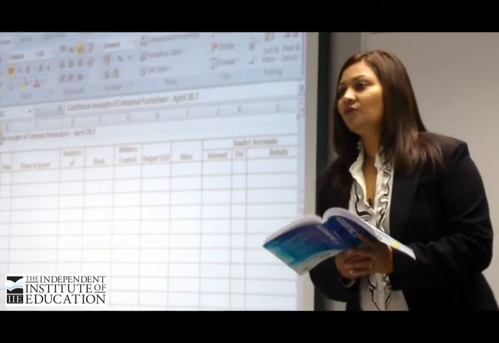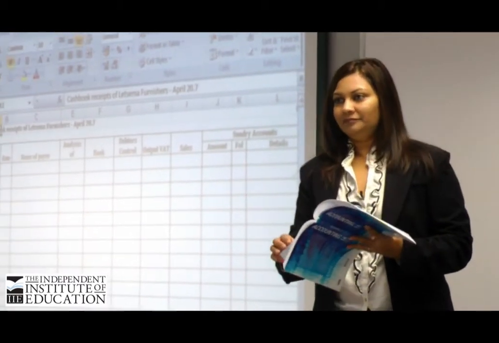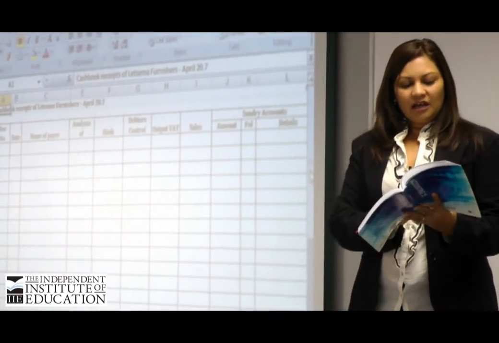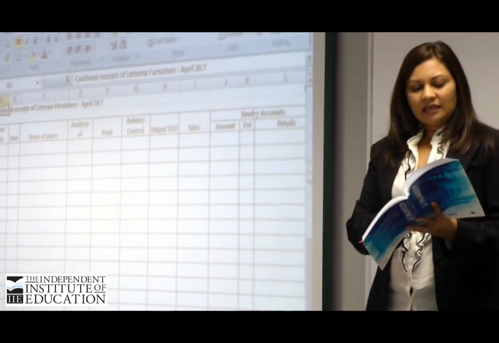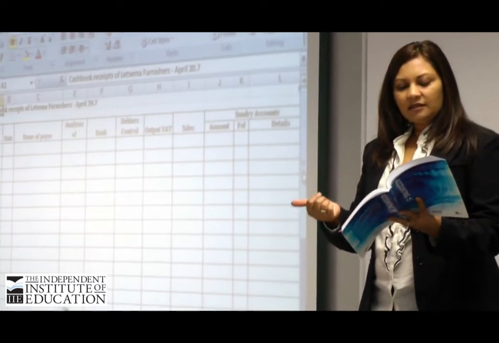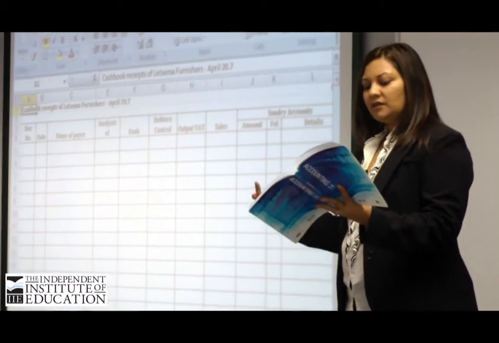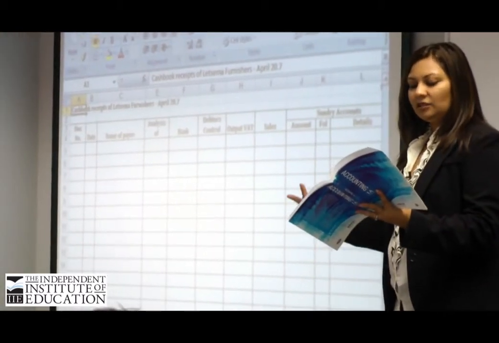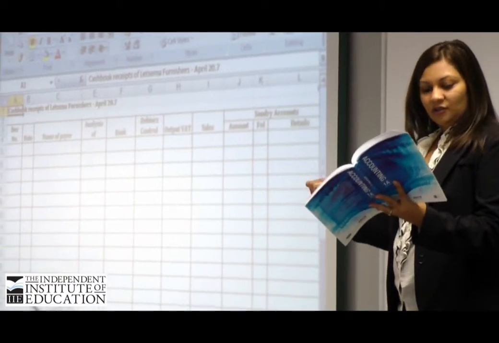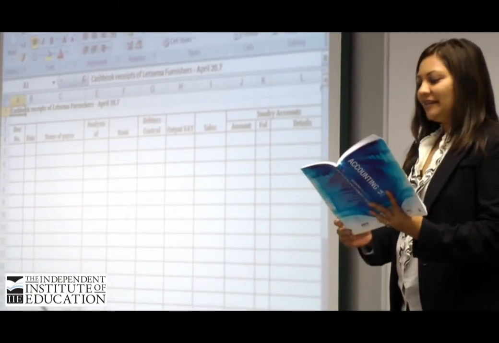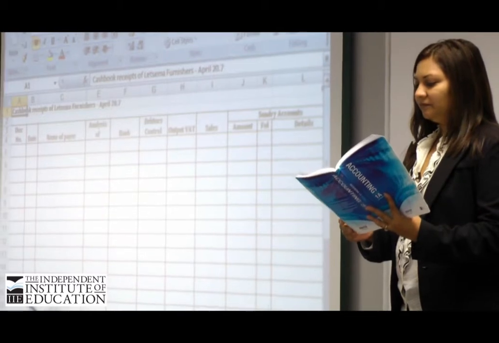Do all of you get that? All right, so we're going to go through the example, and they tell us that we're going to use the cash book receipts, cash book payments, petty cash journal, debtors allowances journal, and a few other journals. And then we have our transactions.